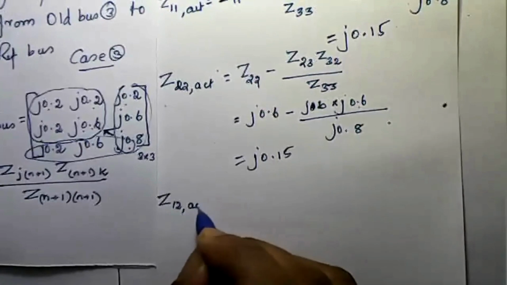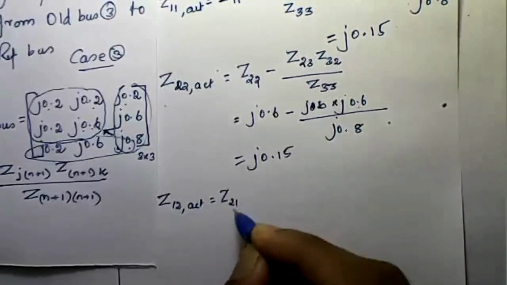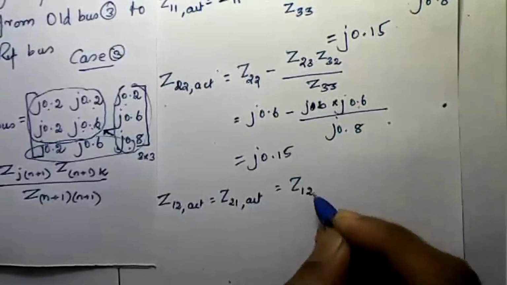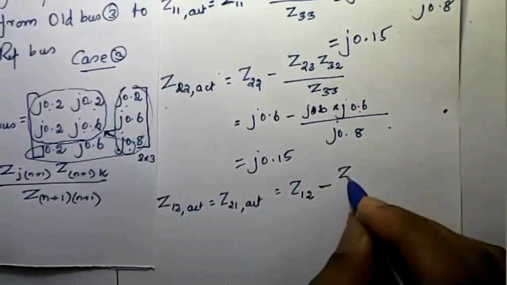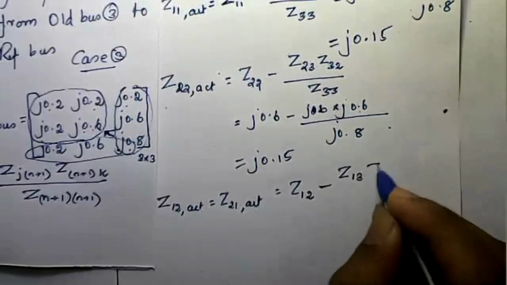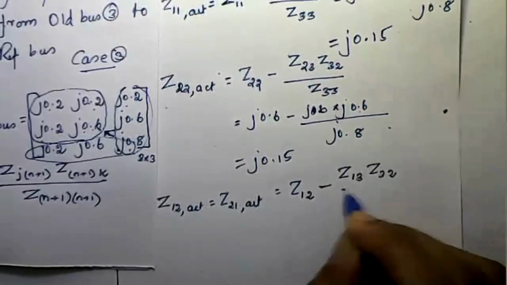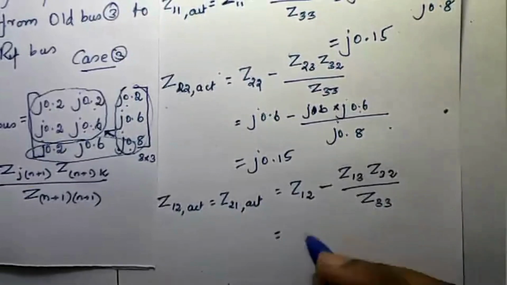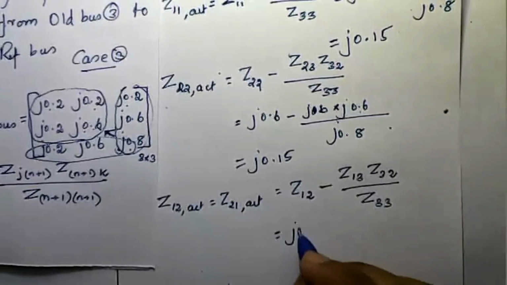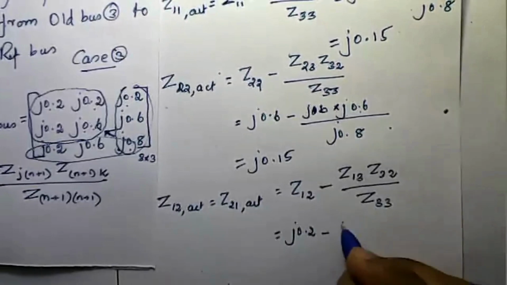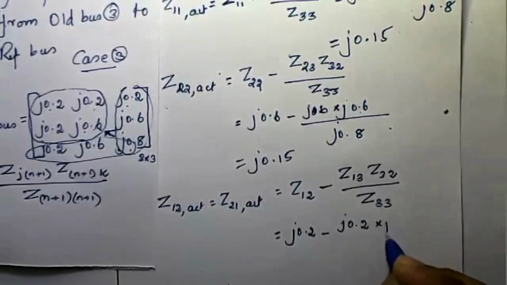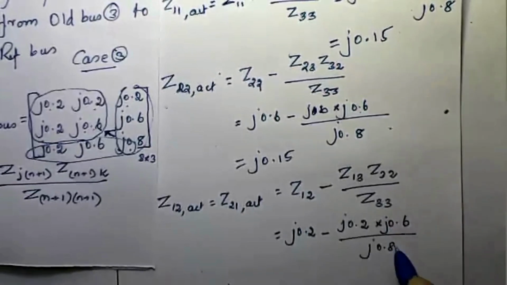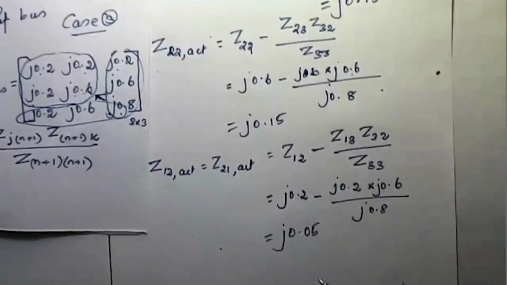Then Z12 actual is equal to Z21 actual. That is equal to Z12 minus Z13 Z32 divided by Z33. Substitute the values: J0.2 minus J0.2 into J0.6 divided by J0.8, which gives J0.05.